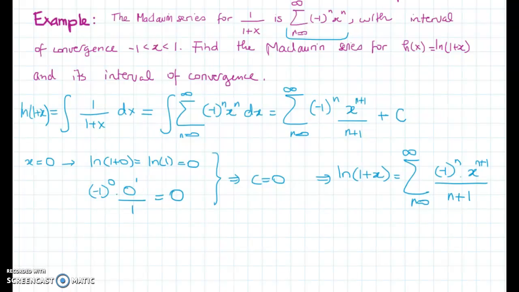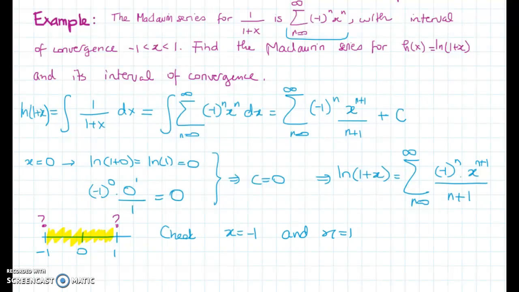We know that the radius of convergence has to be still 1, so we know that it converges between -1 and 1. And we need to check what is happening exactly at the endpoints, so we need to check the cases x equals -1 and x equals 1.